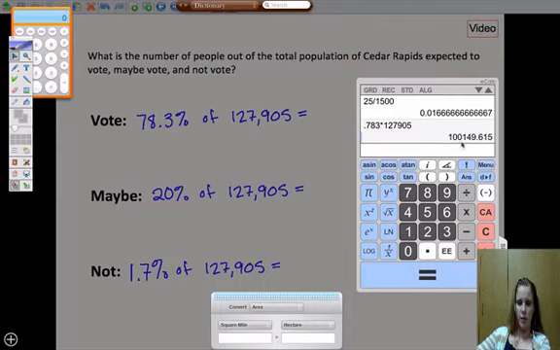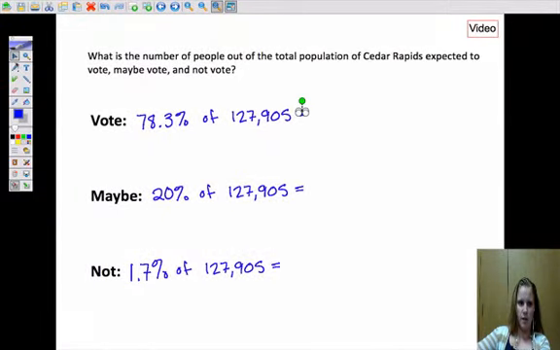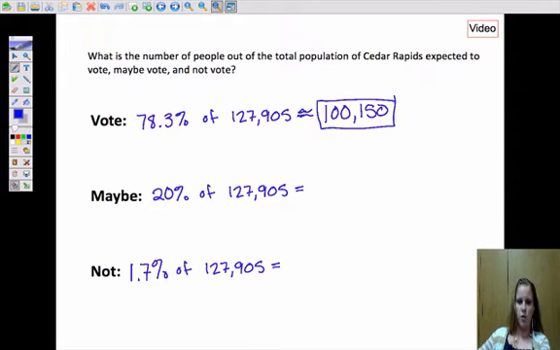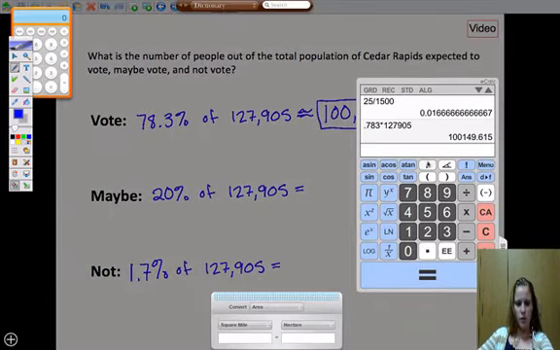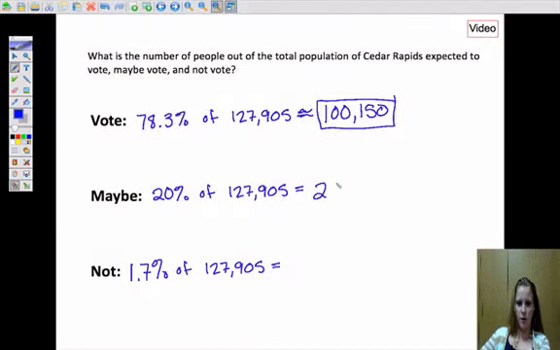So we'll round that up to 100,150. So let's make this an about 100,150 people will vote. Okay, 20%, 0.2 times our number, is going to give us 25,581.